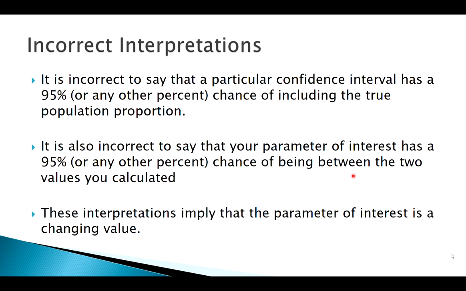If you talk about it like that, that's implying that this parameter is some sort of moving target, some sort of changing thing. That's not true. What's changing is the sample that we take. Therefore, the statistic that we calculate could potentially change, which gives us a different estimate. The parameter itself is not changing. So we want to be careful about this interpretation.